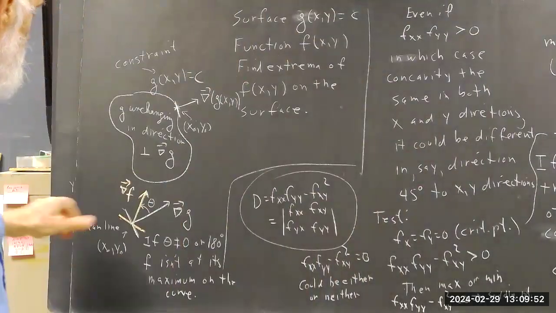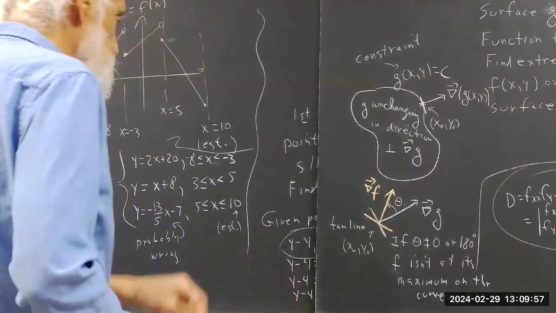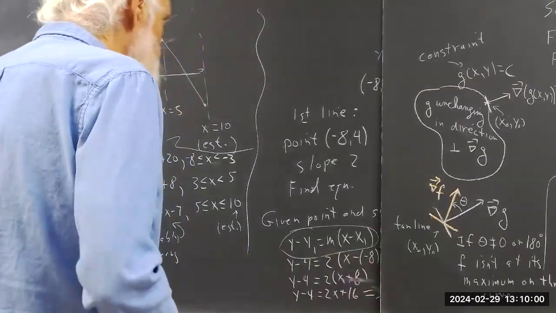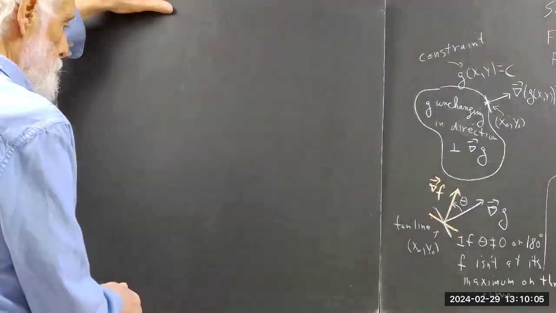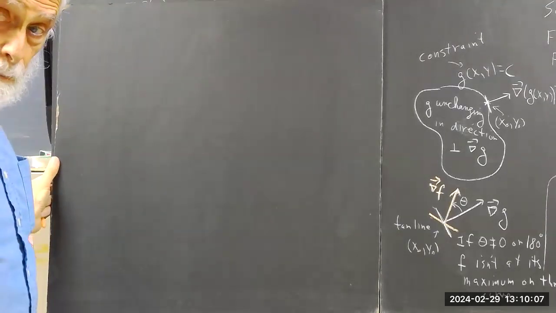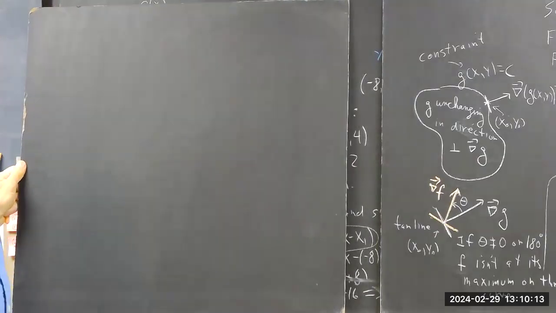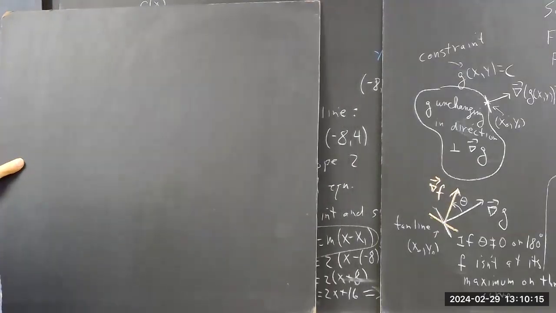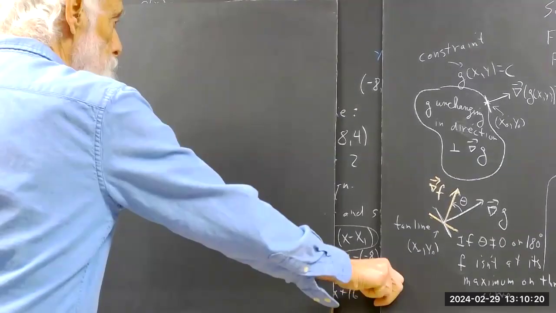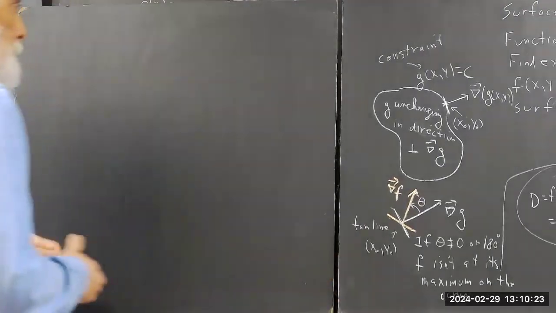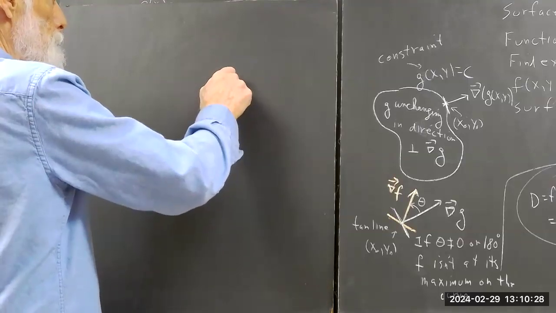Need more space. So I want to do some more labeling on this portion. Okay. Again, here's a part of our curve.